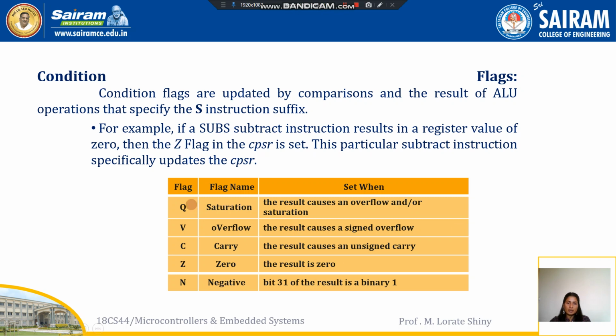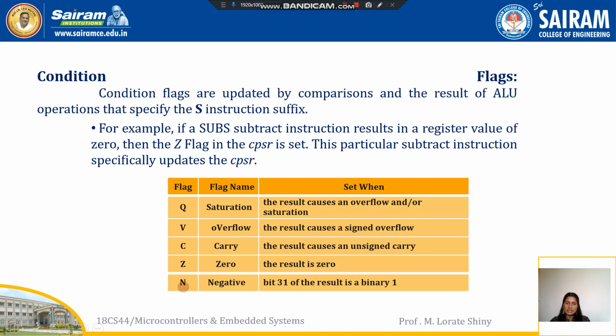So now we'll see the table. There are 5 flags: saturation flag, overflow flag, carry flag, zero flag, negative flag. The negative flag will be set when the 31st bit of the result is 1, meaning the value is a negative value. The zero flag will be set if the result of the ALU operation is 0.